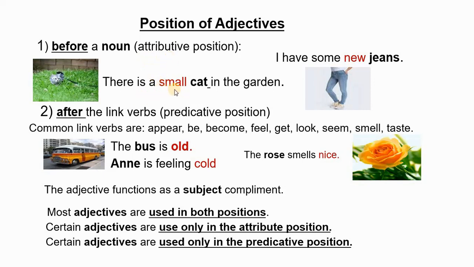There is a small cat in the garden. Next, another example here. I have some new jeans. So the adjective now here is new, and as you can see, it is before the noun jeans.